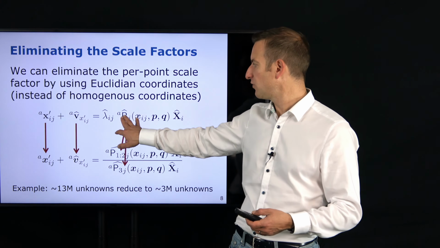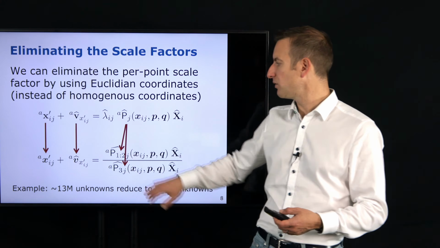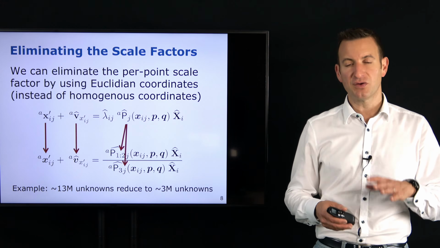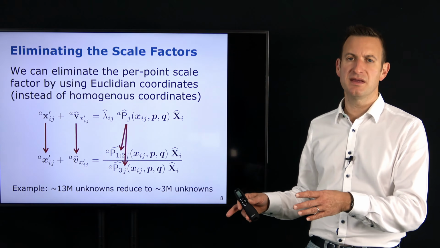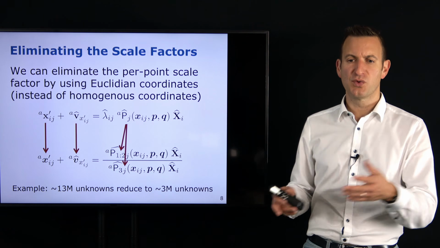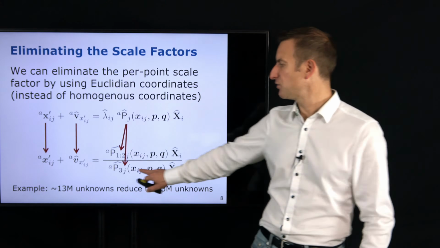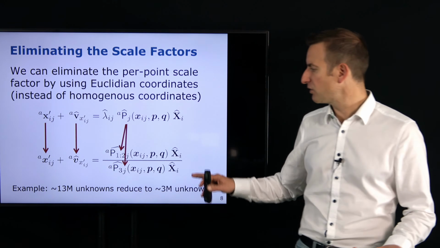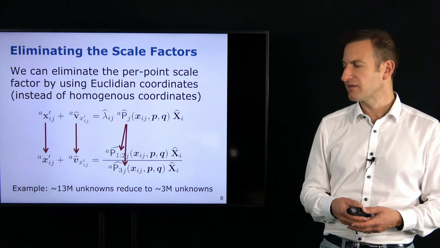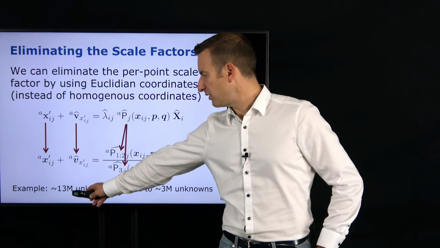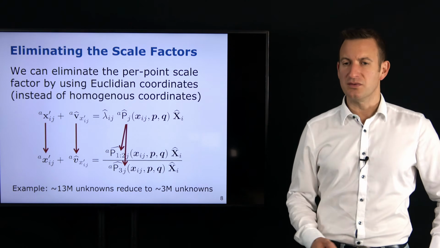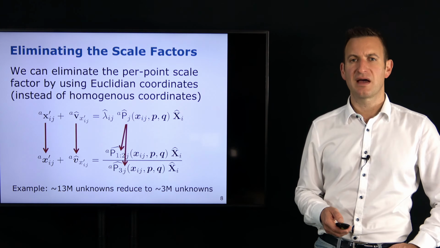So I take the first 2 rows and divide them by the 3rd row. This is the Euclidean normalization, going back from the homogeneous world into the Euclidean world, and as a result everything happens in the Euclidean world. In the example that we discussed last time in the lecture, this helped us go down from 13 million unknowns to 3 million unknowns, just as an example.